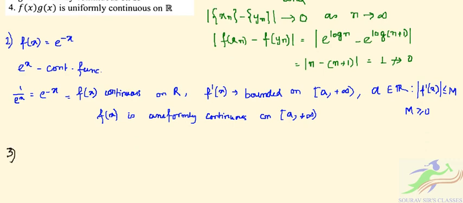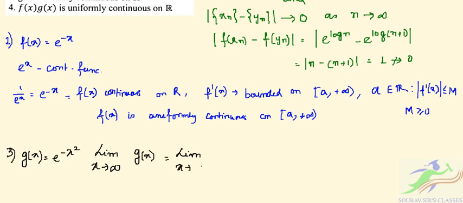Here we know that g(x) is nothing but e to the power minus x squared. If we take the limit as x tends to infinity of e to the power minus x squared, it comes out as 0. Similarly, the limit as x tends to minus infinity of g(x) also comes as 0.